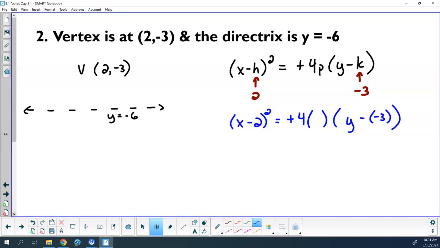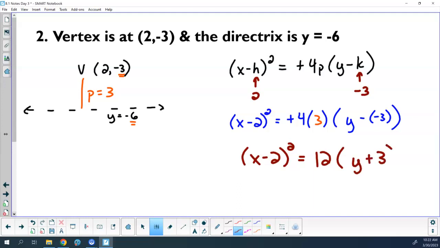And with k being negative 3, it really would be plus 3. What do I need then? P. What's P? 3? Because the distance here, my y value here is -3. My y value here is -6. So this distance here is 3. So the equation of this parabola would be x minus 2 quantity squared equals 12 times the quantity y plus 3.